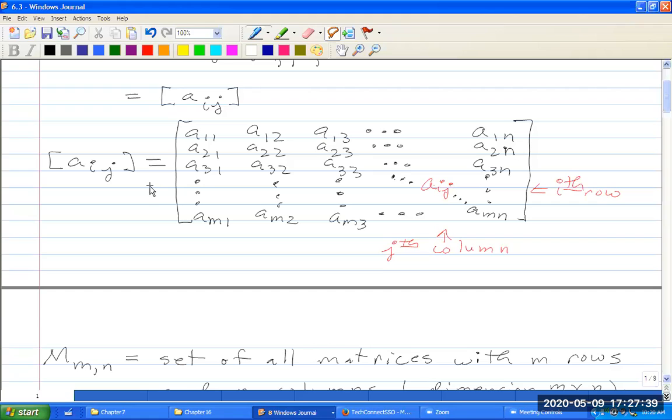So that is the shorthand notation for writing this matrix.